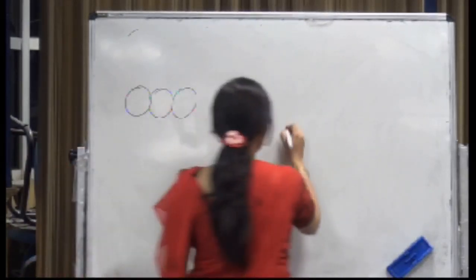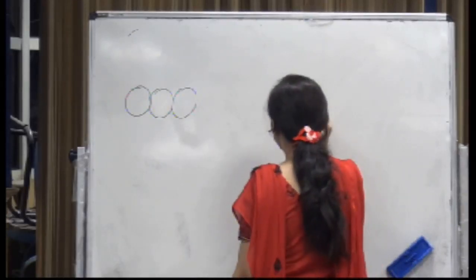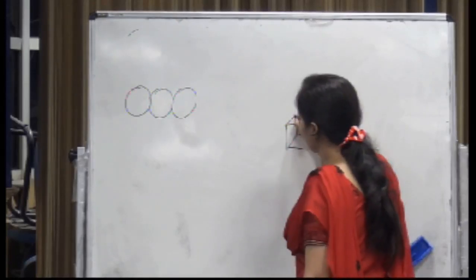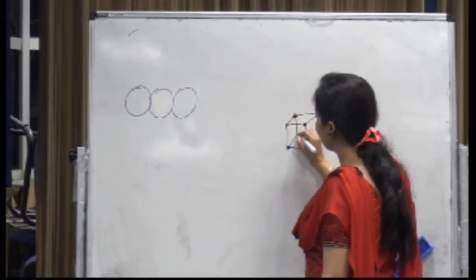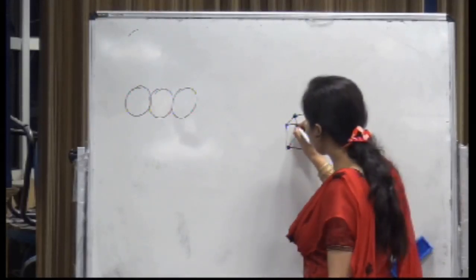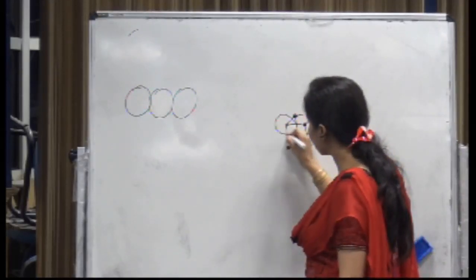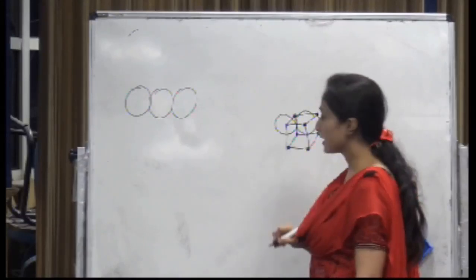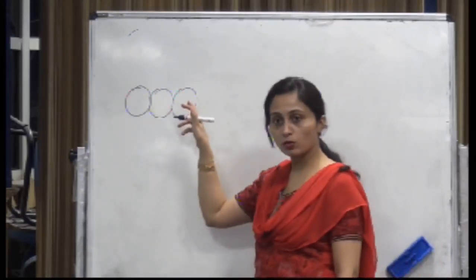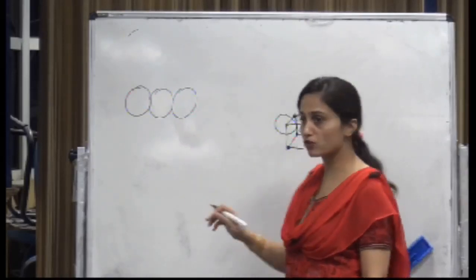I last time told you that this is only a point model when you are actually drawing here. This is only a point model. Otherwise, in reality, what is it? It is like this. The atoms are touching each other. So remember that whenever we draw close packed structures, the atoms are always touching each other.